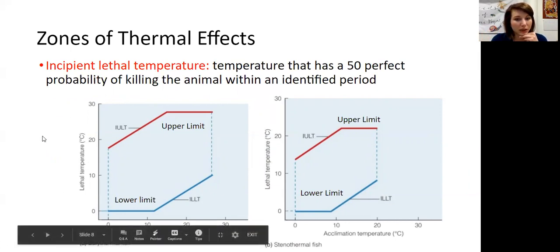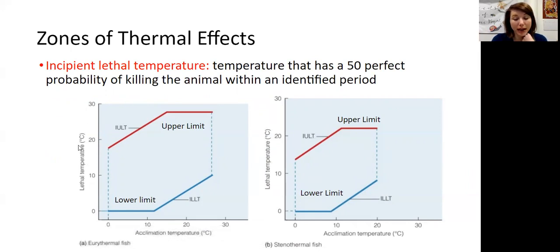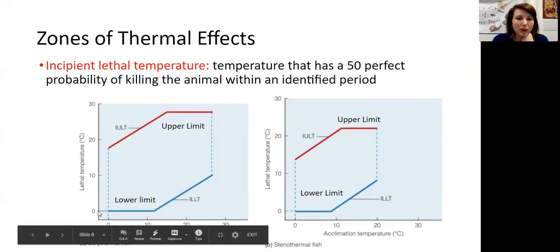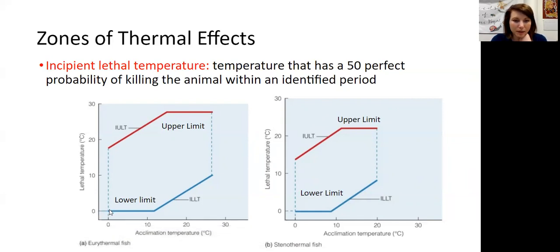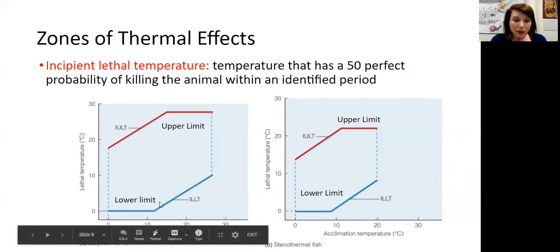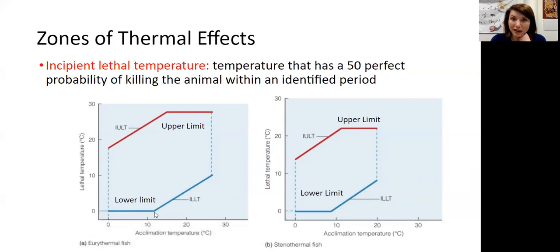So we have lethal temperature on our y-axis and acclimation temperature on our x-axis. So we have a lower limit here still, and this is going to be the point in which the animal has bottomed out. This is the incipient lethal temperature here. And this sloping line is the acclimation point to get to that end.